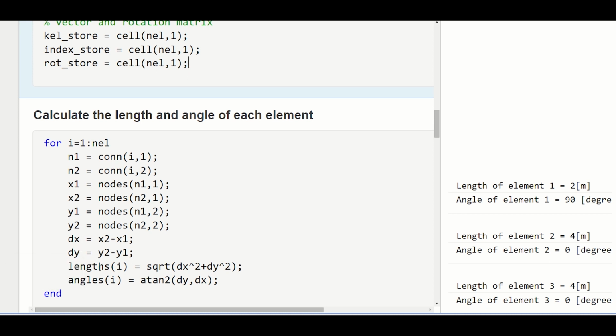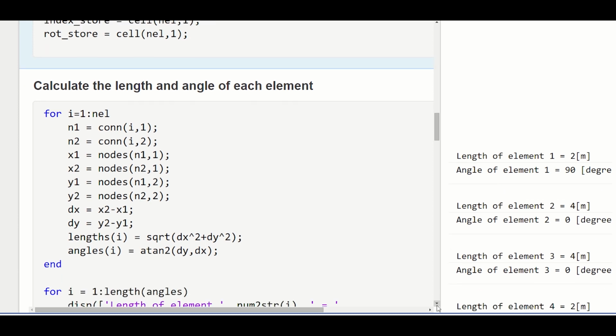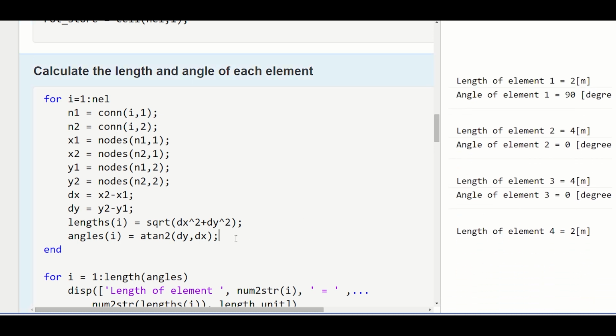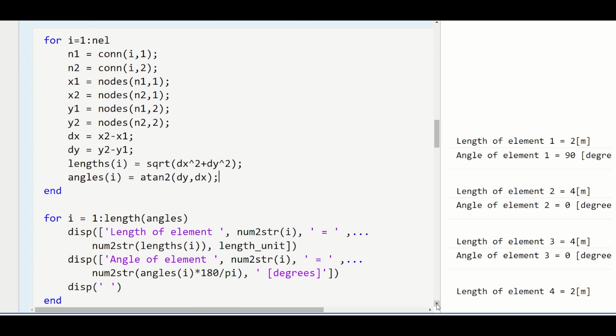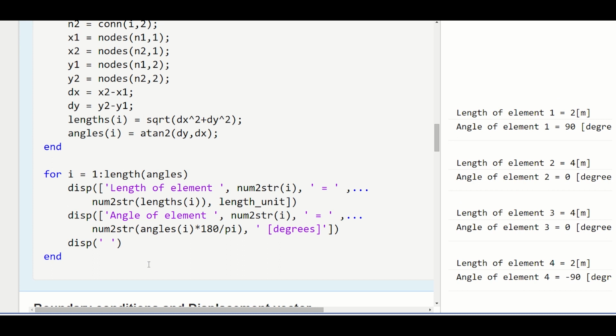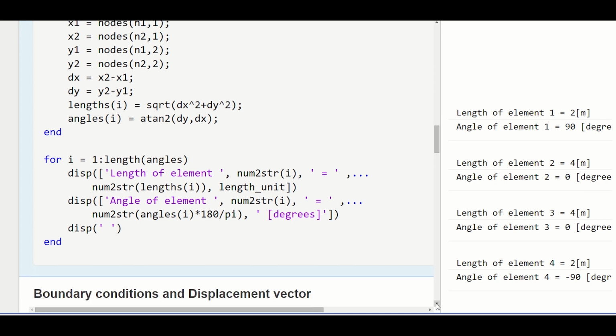Using that you can calculate your length and then angles, and then store them in the right position for each element, and then you can get these results. You don't have to worry about this part. This is just outputting your angles and the length like that. If you want to implement it, you can, but you don't have to. This is just for visual purposes.